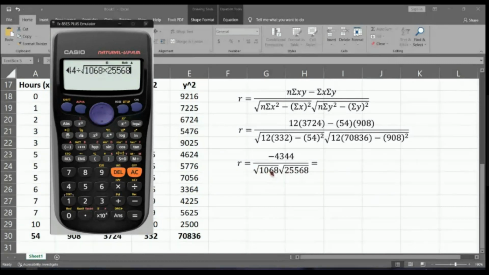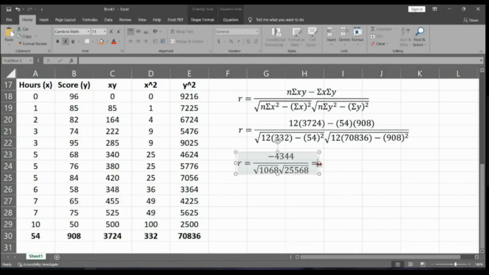Okay, 1068 and 25568. And whatever the value here will be our coefficient equals negative 0.8313. Negative 0.8313. So this is your coefficient.